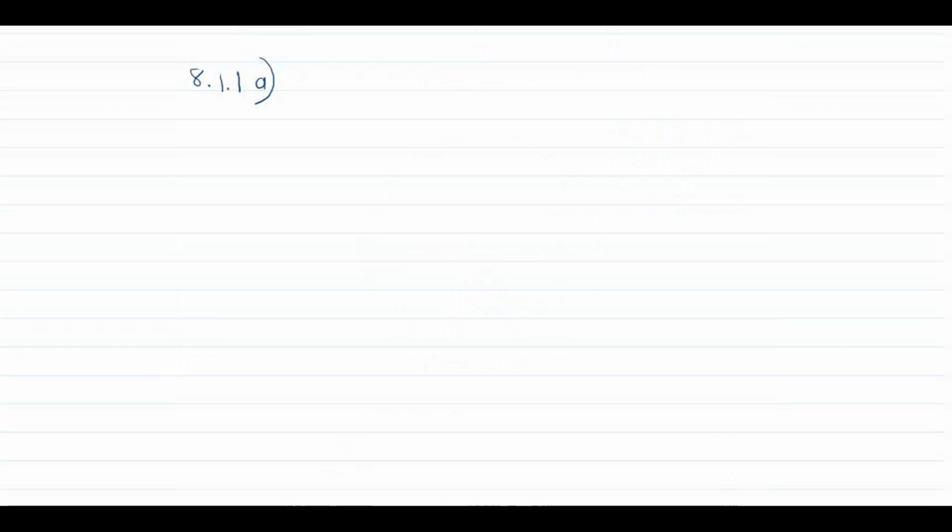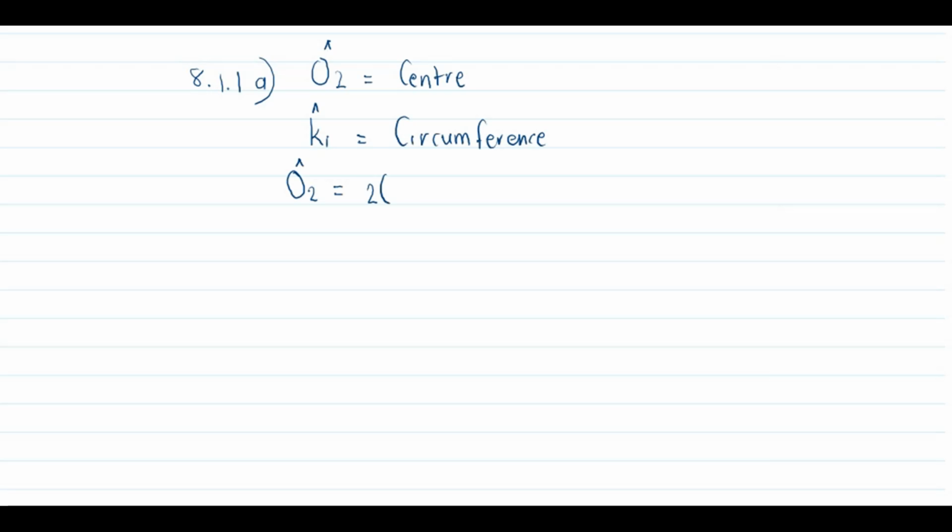We mentioned that O2 is our center angle, and K1 is the angle that is on our circumference, and we can use the theorem that says the angle at the center is equal to 2 times the angle on the circumference.